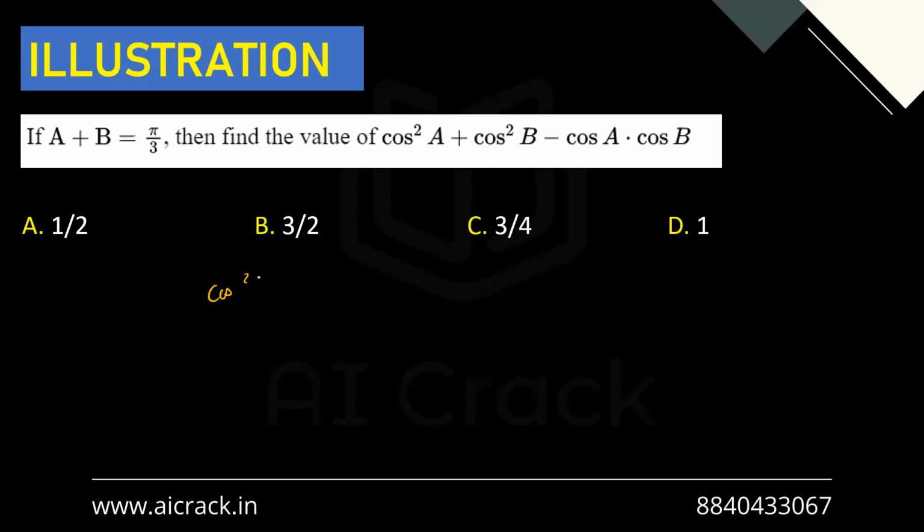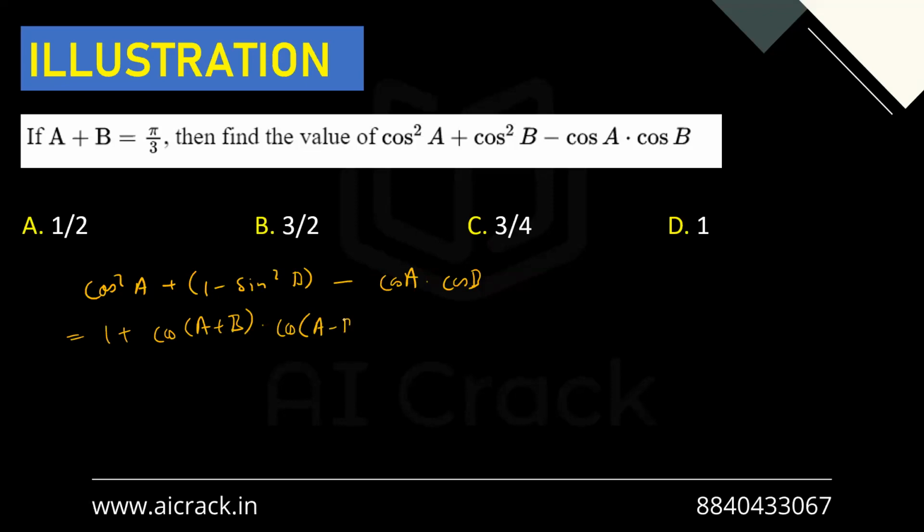So we have cos square a plus 1 minus sin square b minus cos a dot cos b, right? This gives me 1 plus cos square a minus sin square b. That is nothing but cos of a plus b dot cos of a minus b minus cos a dot cos b.